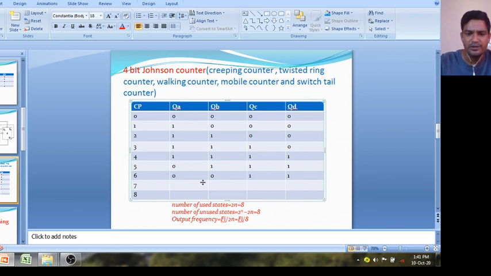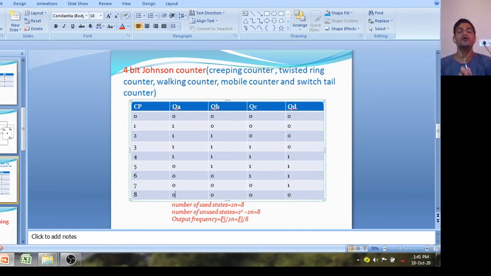Okay, now this 0 is shifted here, this 0 is shifted here, this 1 is shifted here, and the complement of this 1, 0, will come here. After the next clock pulse, this 0 is shifted here, this 0 is shifted here. Now the complement of this 1 is 0.